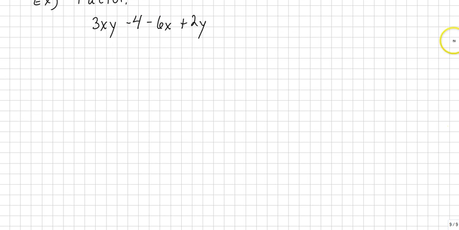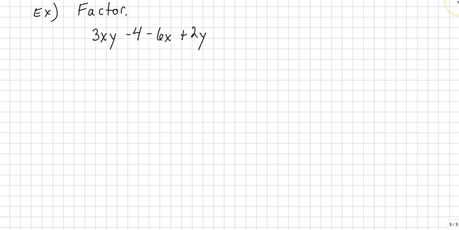All right, we got 2 other ones we want to take a look at. Let's do 3xy minus 4 minus 6x minus 2y. So let's try to find the greatest common factor. Well, 3, 4, 6, and 2, the only thing they have in common is a 1. And this has x's, but this one doesn't. And this one has y's, and this one doesn't.